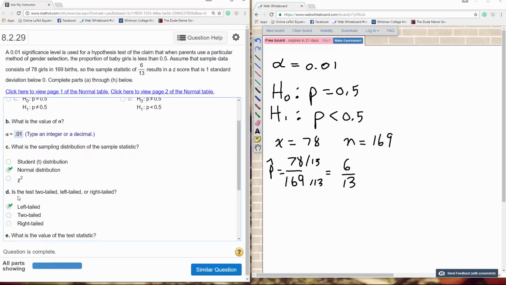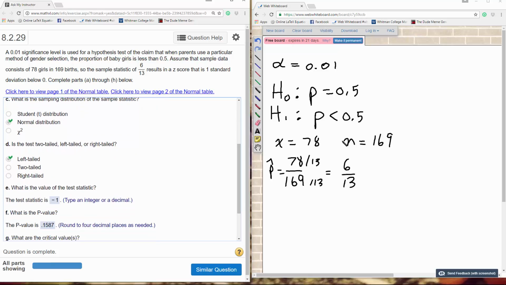Is it two-tailed, left-tailed, or right-tailed? Well, that's based on looking at your alternative. So as we can see, this is a left tail. So if we drew this, basically what I'm looking at is this lower value.